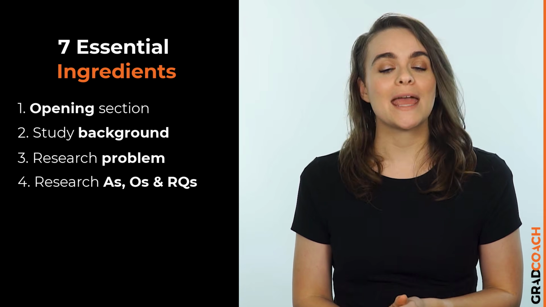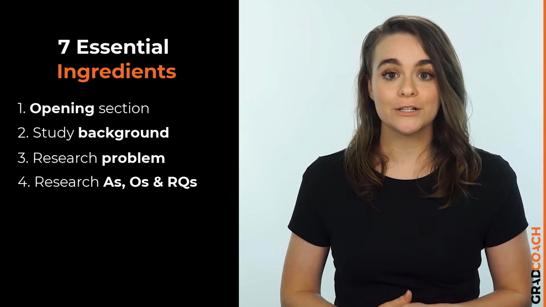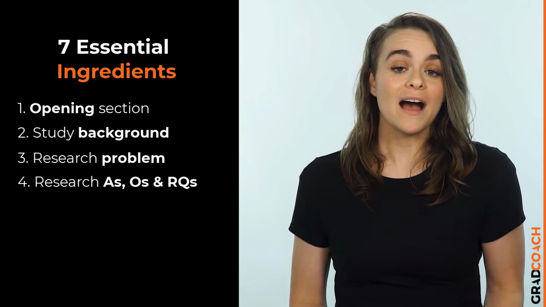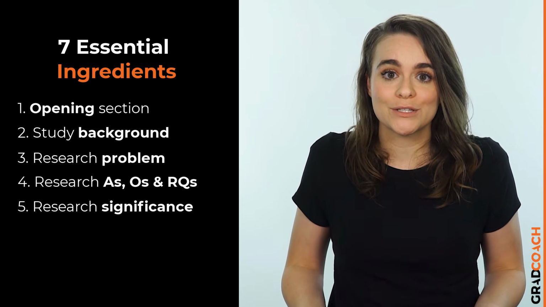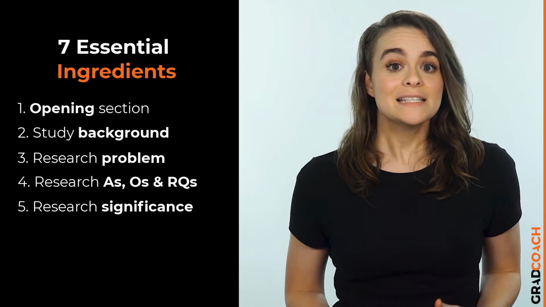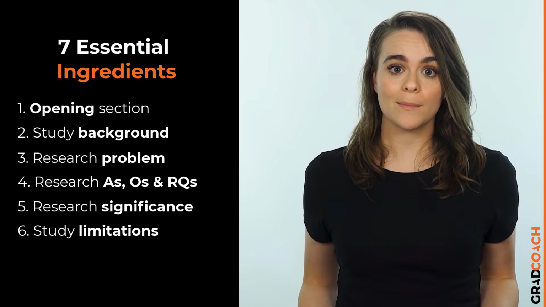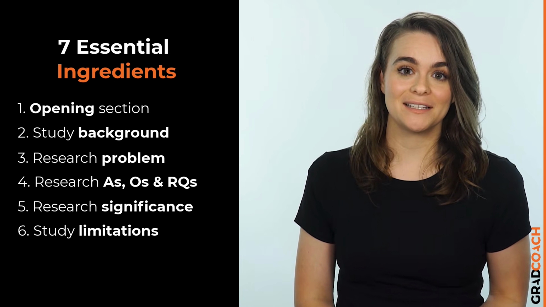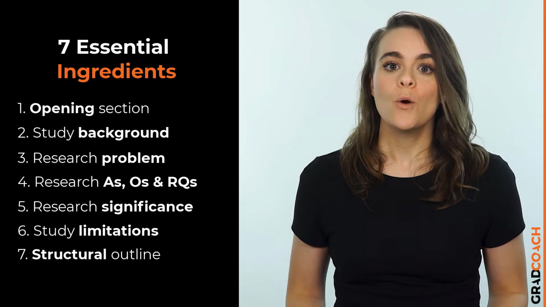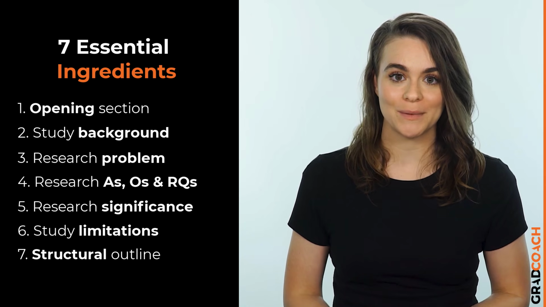4, the research aims, objectives, and questions, where you clearly state what your dissertation will investigate. 5, the significance, where you explain what value your research will provide to the world. 6, the limitations, where you explain what the potential shortcomings of your research may be. And finally, 7, the structural outline, where you provide a high-level overview of the structure of your document.